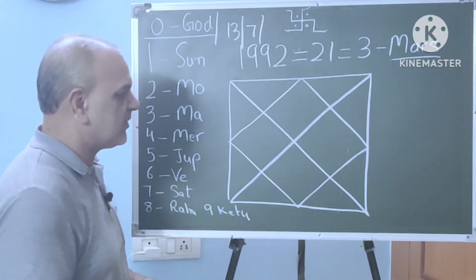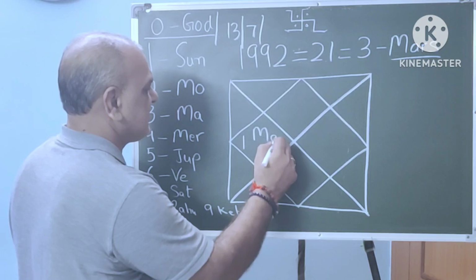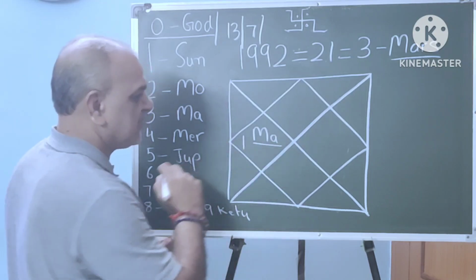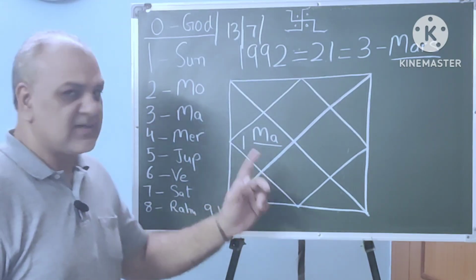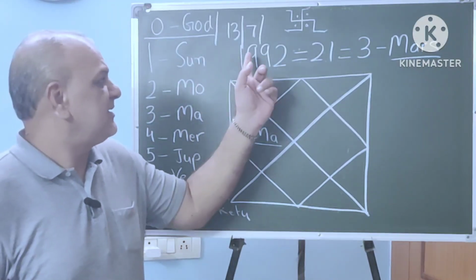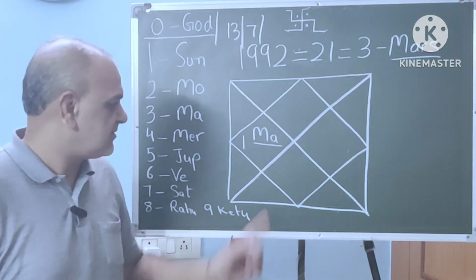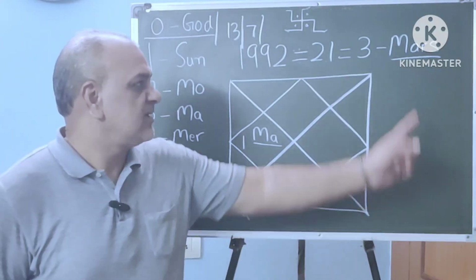We don't have his time of birth, so I'm just taking this as an example. At the time of his birth, with the year, day and month he has given us, Mars is placed in Aries.